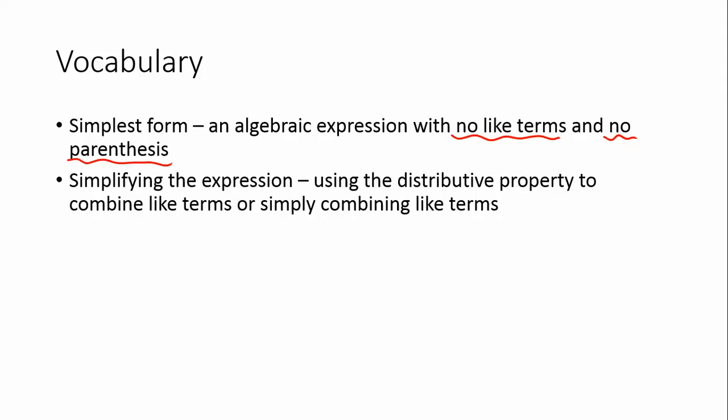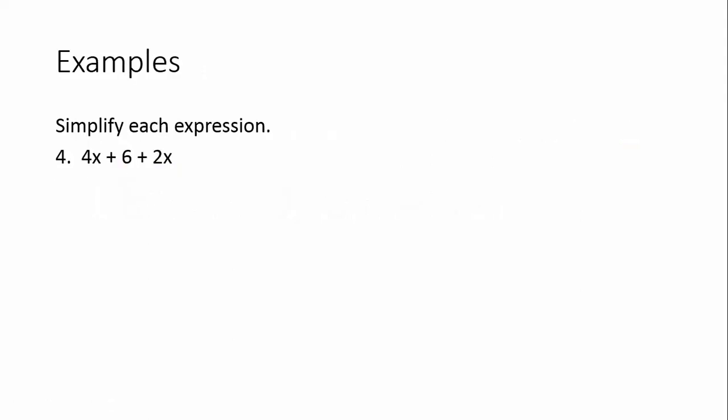When you simplify the expression, you're going to use the distributive property, combine like terms, or just combine like terms. So there won't always be a distributive property, but sometimes there will be. So in the next several examples, that's what we will be doing, is simplifying each expression.